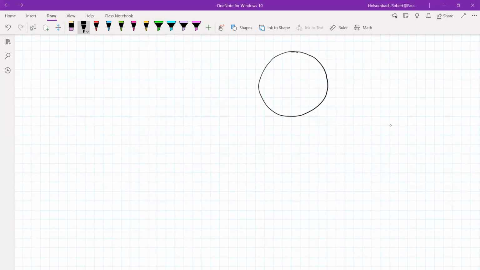Circle. Secant. Tangent. And we get an x plus 4, and 10.